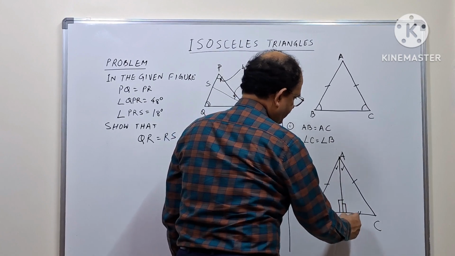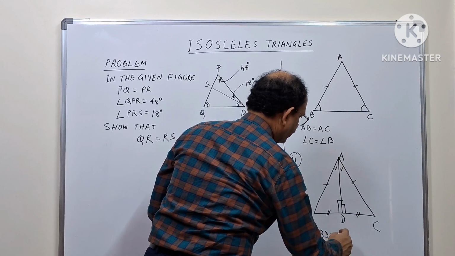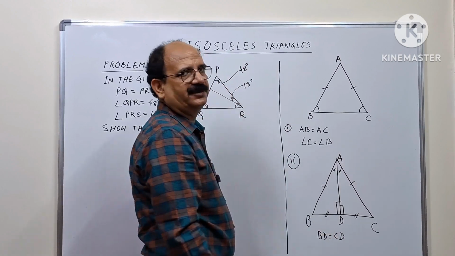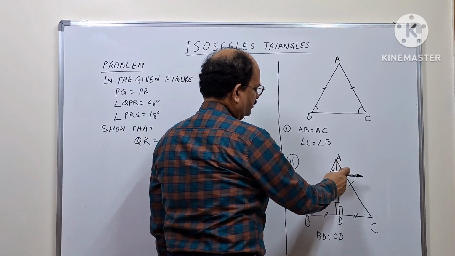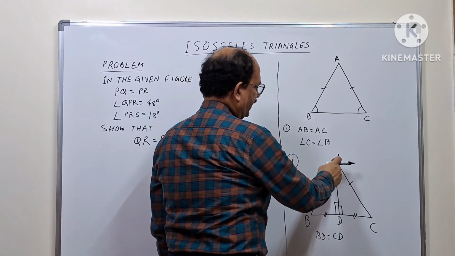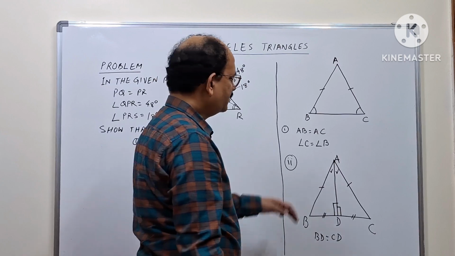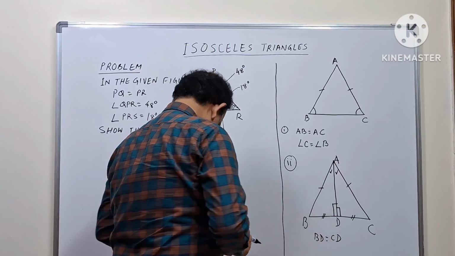If I write this as D, then BD will be equal to CD or DC. Okay. And also these two angles, that is the split angle of A, will be equal. So this is a property of isosceles triangles which you need to know.